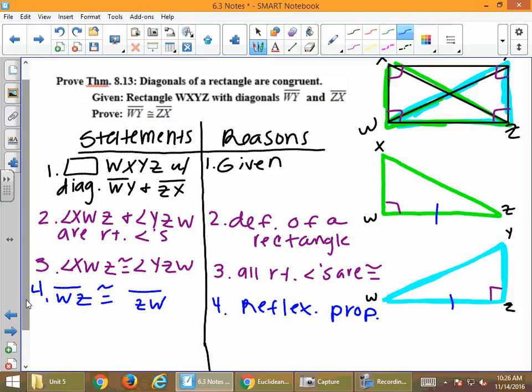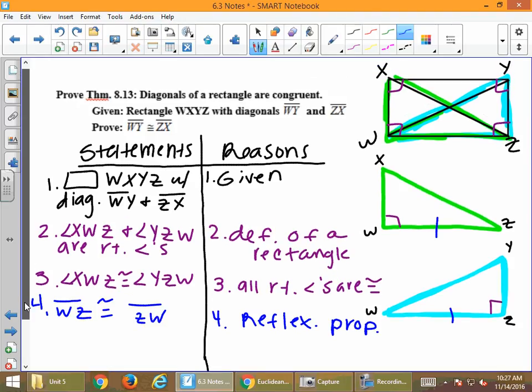We just need a third piece. Well, what do we know about rectangles? A rectangle is a type of, as we talked about at the beginning, parallelogram. Well, what do we know about the opposite sides of parallelograms? They're congruent. So because we know it's a rectangle, we know it's a parallelogram. And we also know in parallelograms that those opposite sides are congruent.